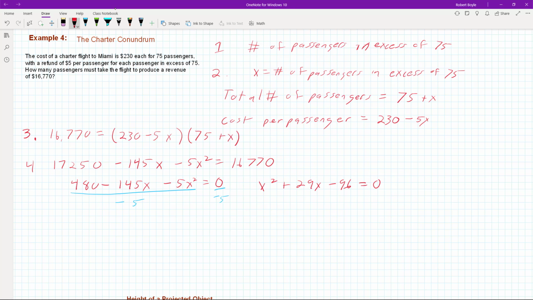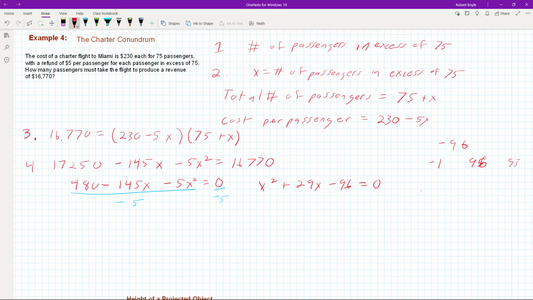Now you might be tempted to go ahead and use the quadratic formula, but it might be a good idea to see if there are factors of negative 96 that sum to 29. Since you want this to sum to positive 29, let's take a look at negative 1 and 96. Well, that sums to 95, so that's not going to work.